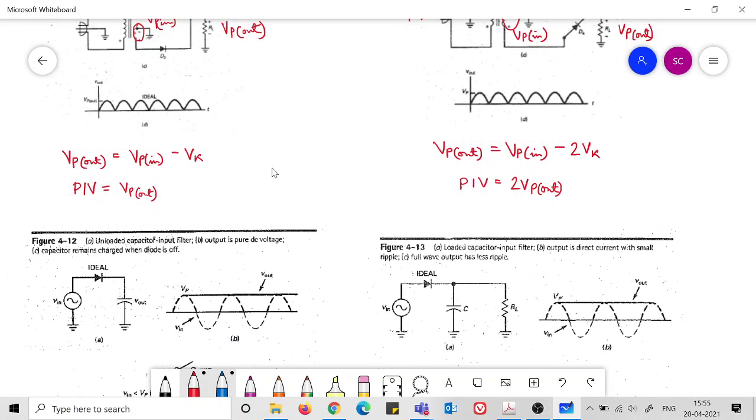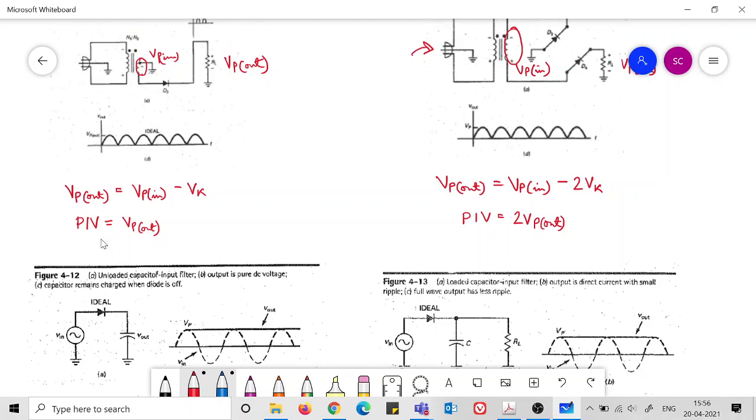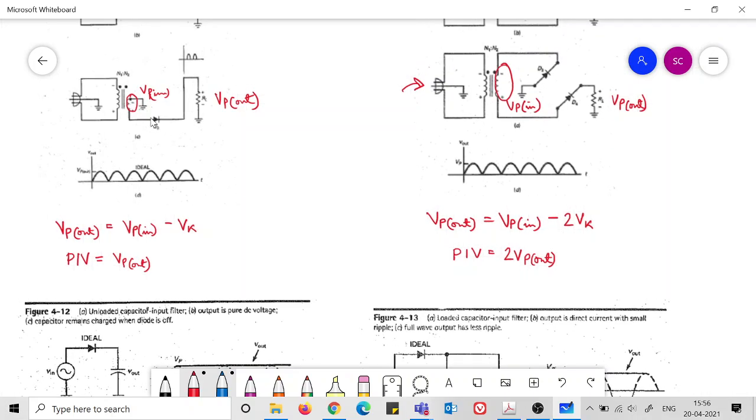Now another point of difference is this, that the PIV here, since in the reverse bias condition you have only a single diode here, the PIV would be Vp out only.